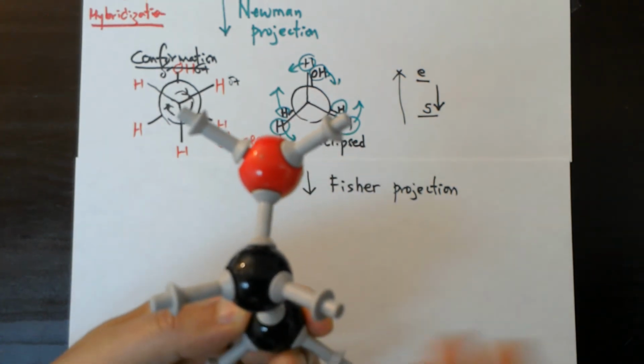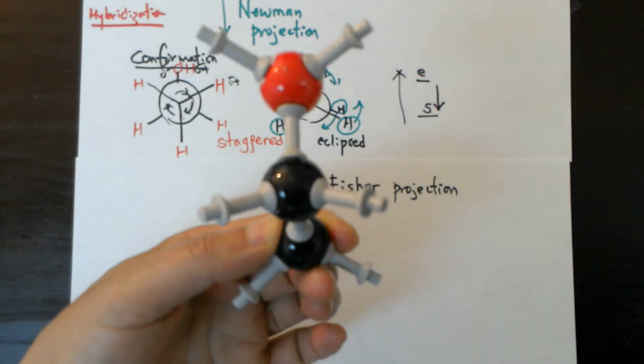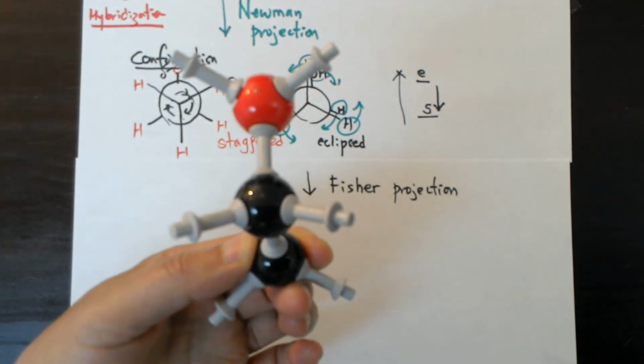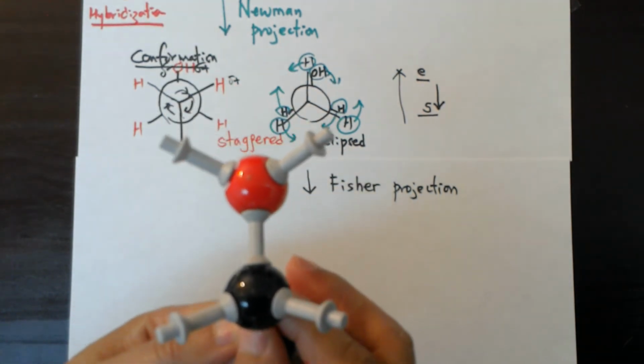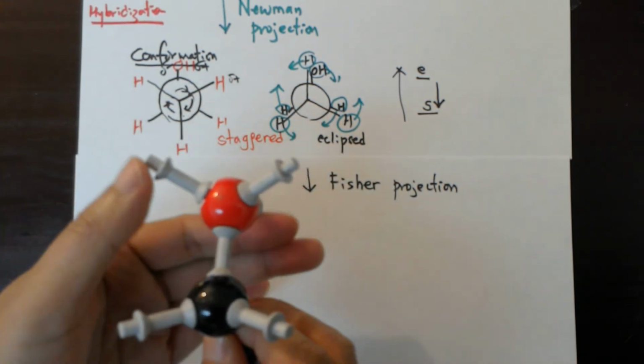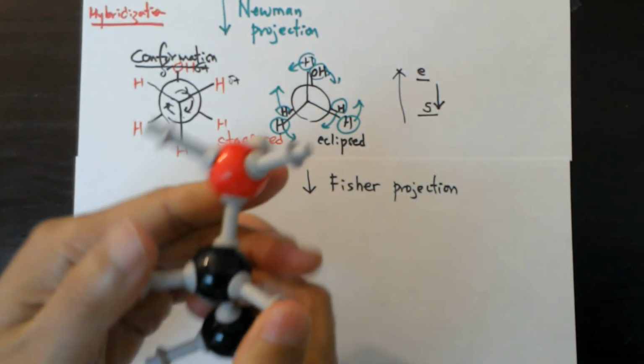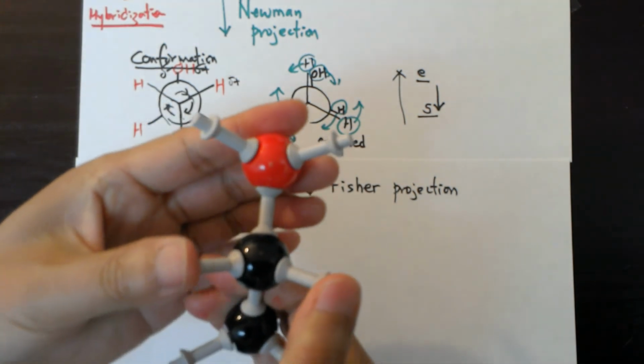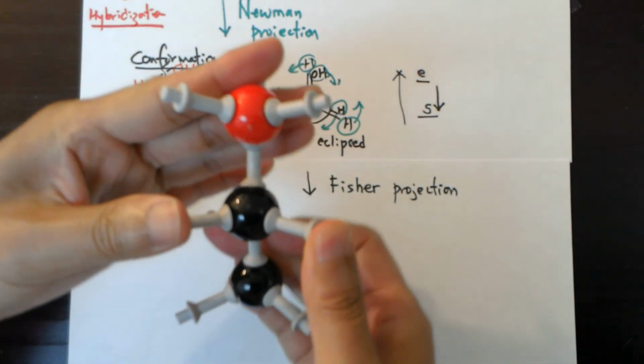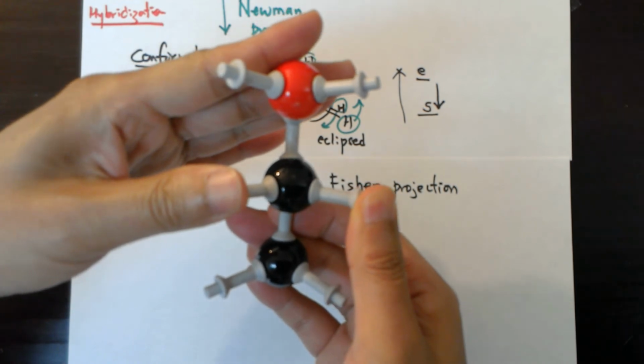Horizontal lines are bonds that are coming at you in three dimensions, but we're going to distort it. So you're going to flatten out the molecule, which is not natural. So I can't do it, but I hope you can imagine the flattened out structure, something like this.